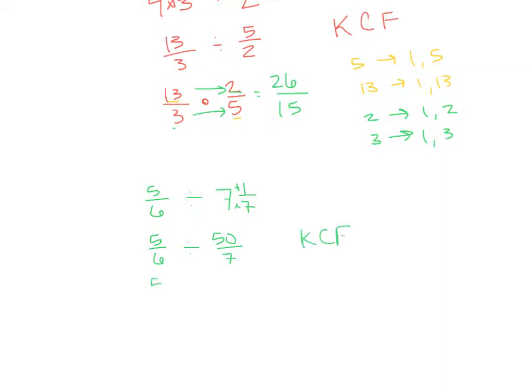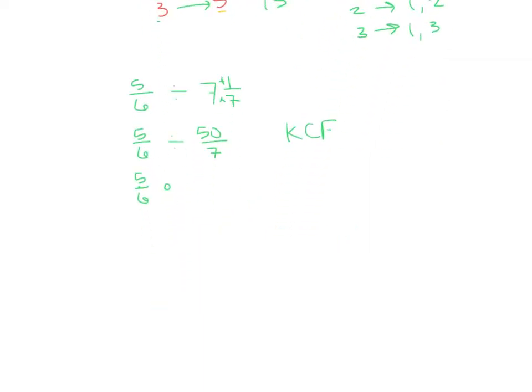So we keep 5/6, change division to multiplication, and 50 over 7 changes to 7/50. Okay, then we look at opposites, 5 and 50, and 6 and 7. So 6 is divisible by 1, 2, 3, and 6. 7 is divisible by 1 and 7.